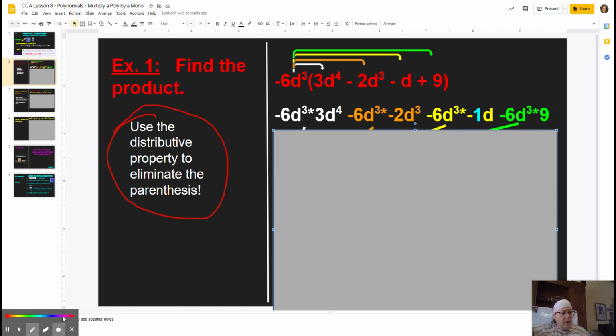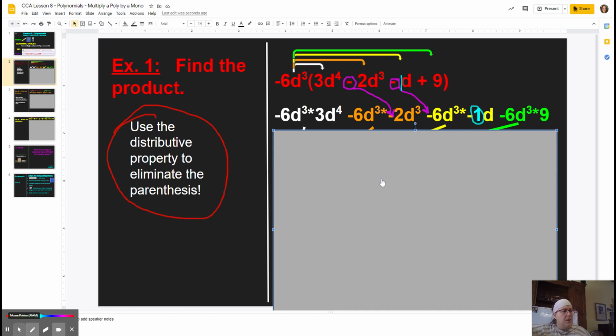One thing to make sure that you're paying attention to as you do this: anytime there is a subtraction inside that algebraic expression, it is going to go along with the term, and you're going to treat it just like a negative. Okay, and then if there's a positive or plus in there, then the term is positive. Notice I also added in that imaginary 1 right here, just as a reminder.